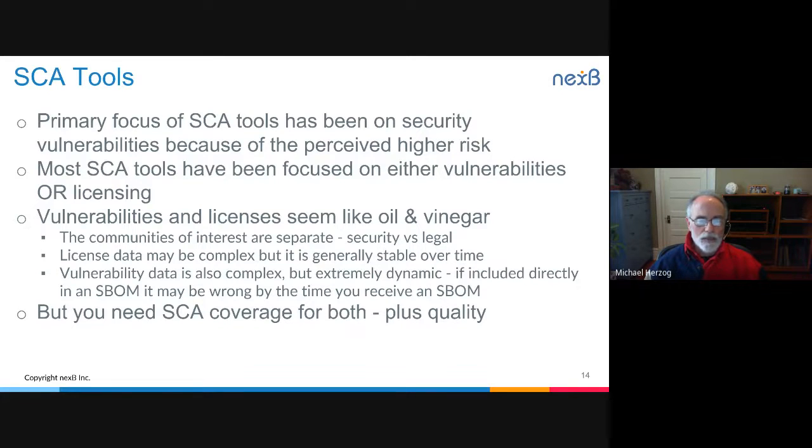There's a bit of a dichotomy within the SCA tools between vulnerabilities and licensing. To some extent, it's a little bit like oil and vinegar, because you have very separate interest groups or communities of interest.